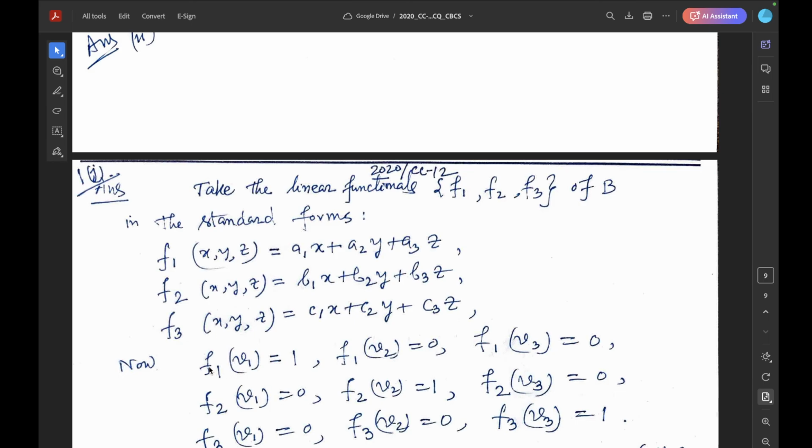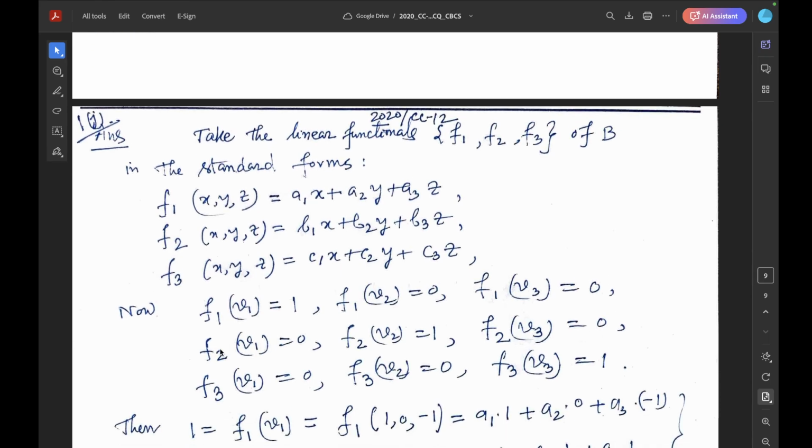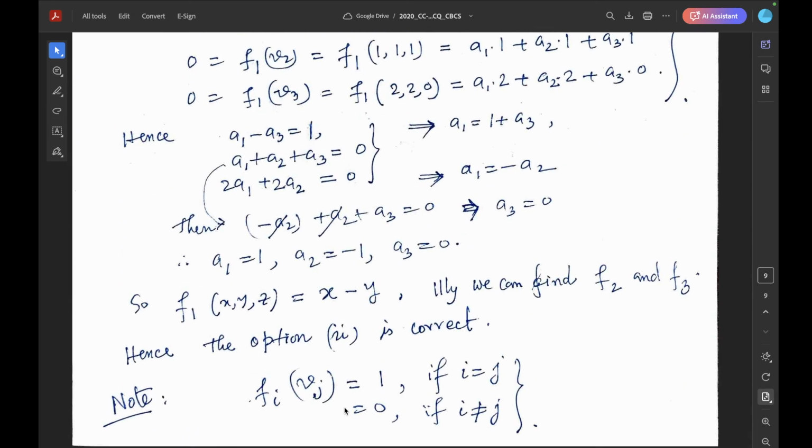Now f1 v1 equals 1, f1 v2 equals 0, f1 v3 equals 0. f2 v1 equals 0, f2 v2 equals 1, f2 v3 equals 0, f3 v1 equals 0, f3 v2 equals 0, f3 v3 equals 1. Actually, we use the formula fi vj equal to 1 if i equals j, and fi vj equal to 0 if i not equal to j.